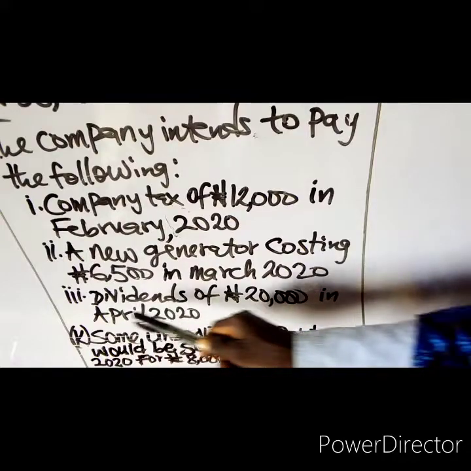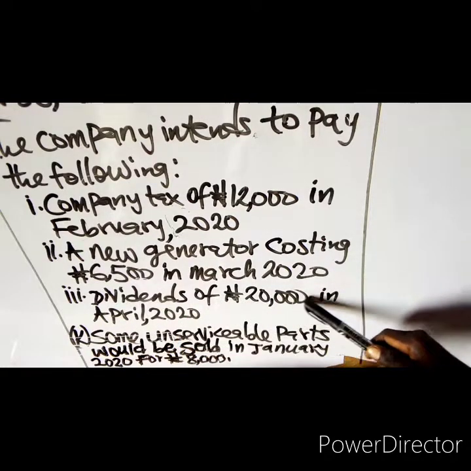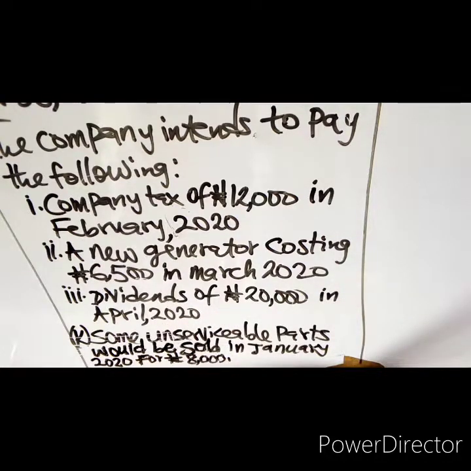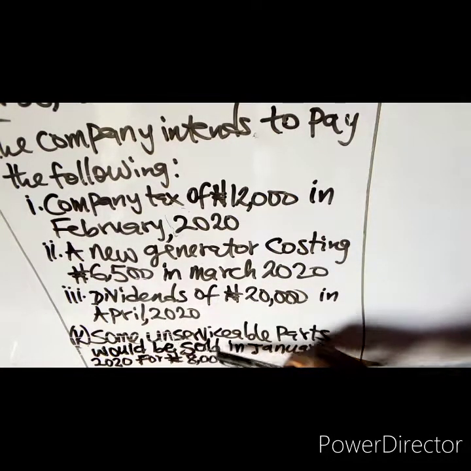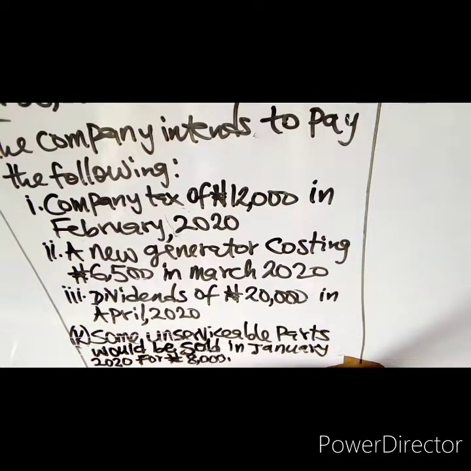3. Dividends of 20,000 naira in April 2020. K. Some unserviceable parts will be sold in January 2020 for 8,000 naira.